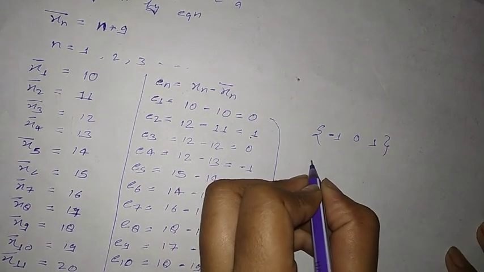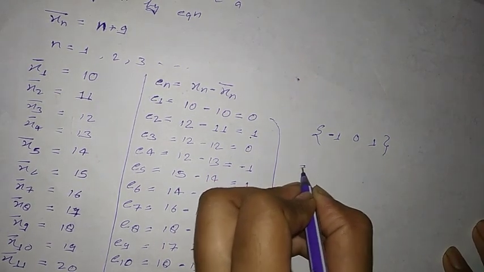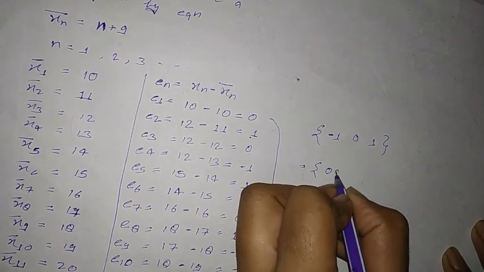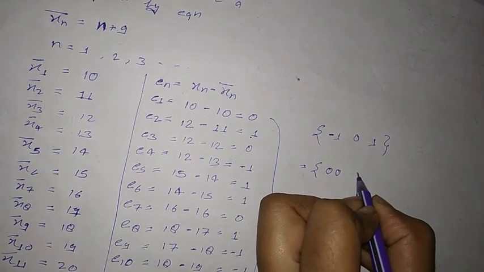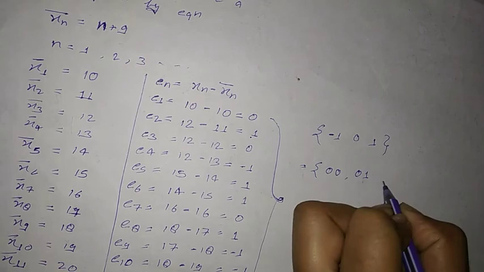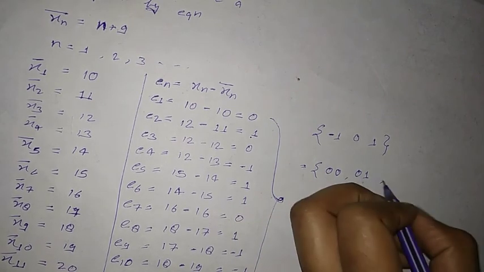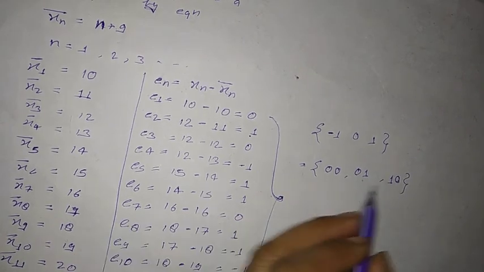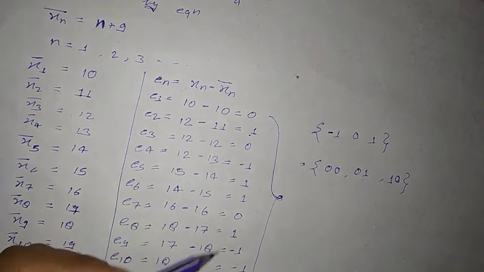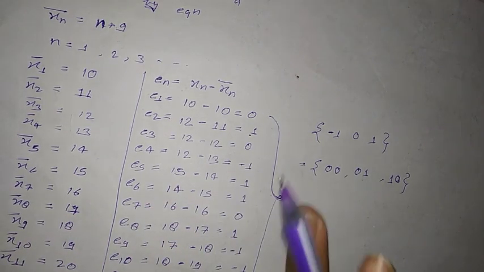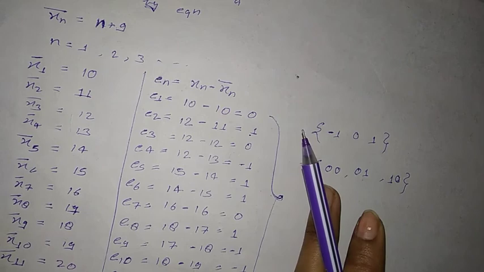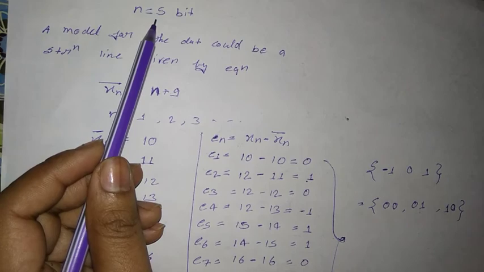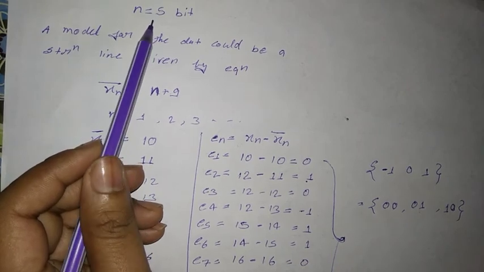So we can represent these numbers in binary form. For minus 1 we represent 0 0, for 0 we represent 0 1, and for 1 we represent 1 0. So we can represent each number using only 2 bits, whereas before we required a minimum of 5 bits to represent each number.